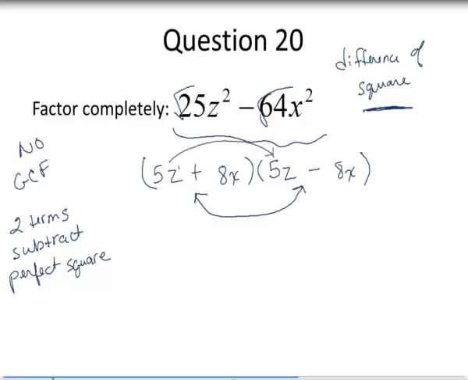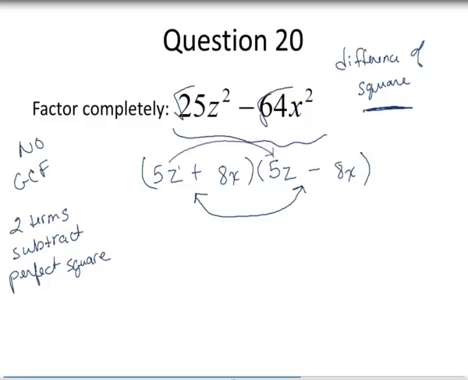5z times 5z is what? 25z squared. And then what?